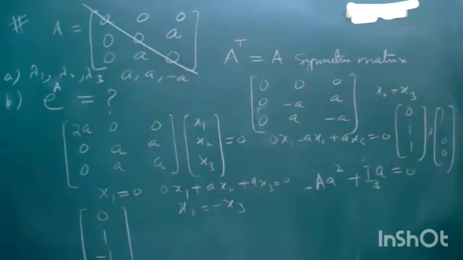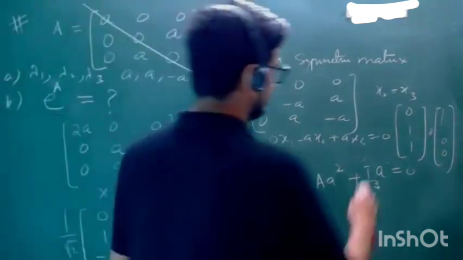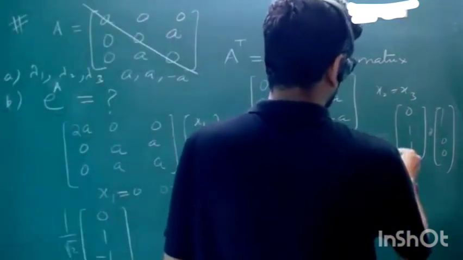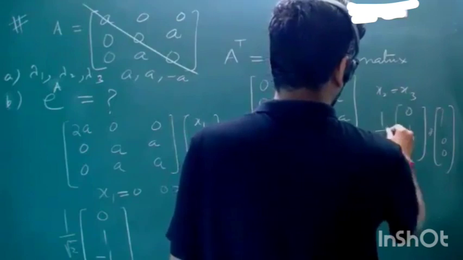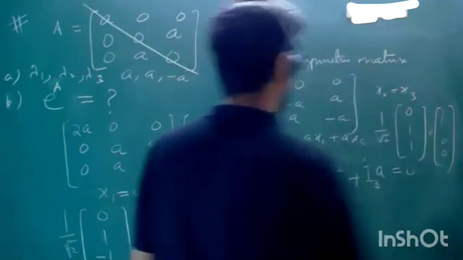But their normalization was 1. Yes, sir. So that's why. So these are the eigenvectors, and if I write them in normalized form, it will be 1 by under root 2 here, and 1 by under root 2 here, and 1 here.